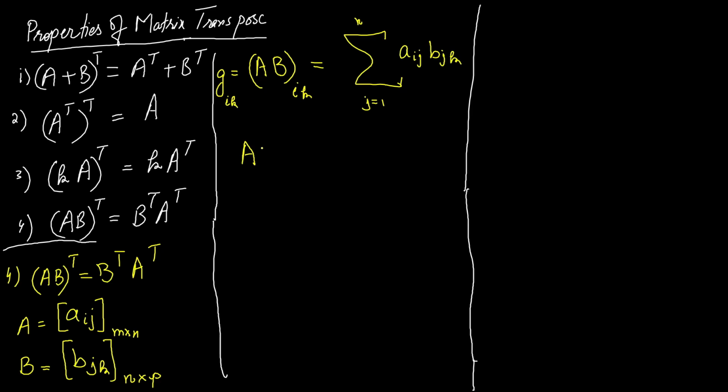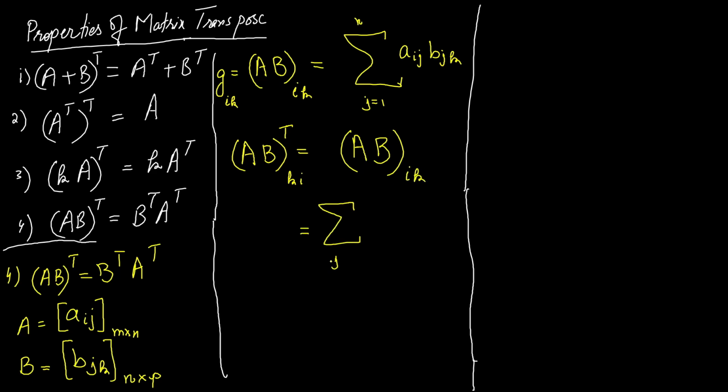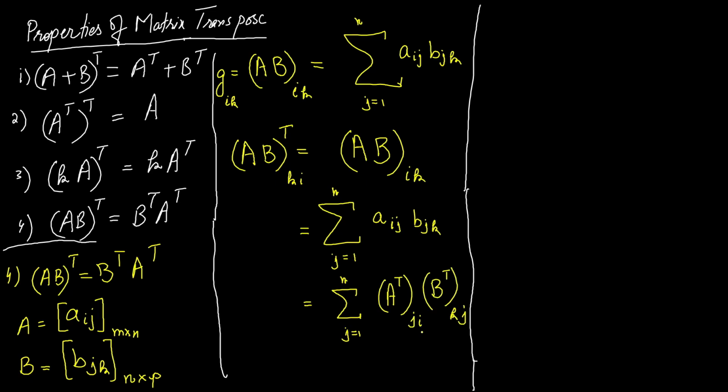Now the element at row k and column i of the AB whole transpose is by definition equal to ABik, which we have already seen is equal to this summation. We can write Aij as A transpose ji and Bjk as B transpose kj. We can switch the order of the elements inside the summation because these elements are from the field and multiplication in the field is commutative.